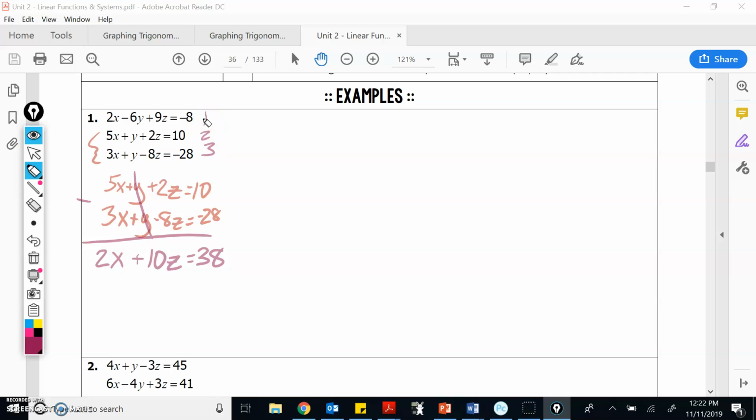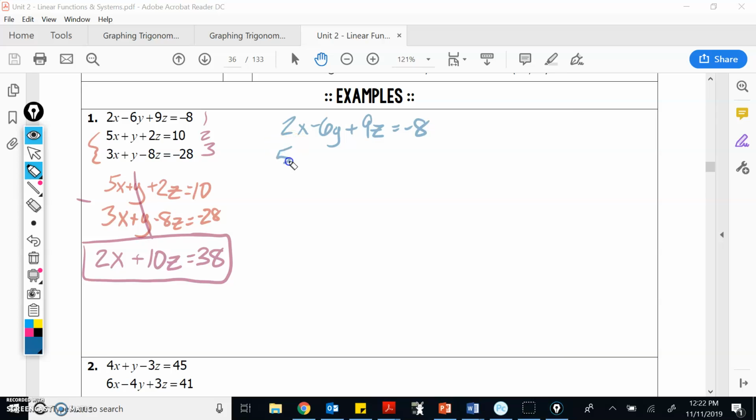Here's equation 1. Now let's use two different equations to get elimination. So we did 2 and 3. Let's use maybe 1 and 2. Doing that, we now have 2x minus 6y plus 9z equals negative 8.